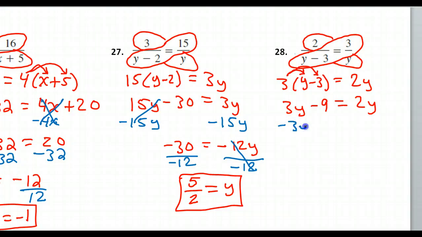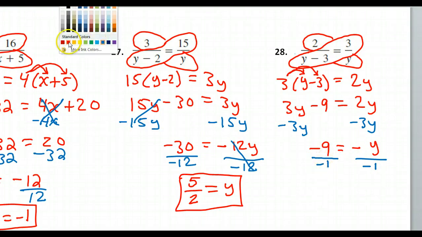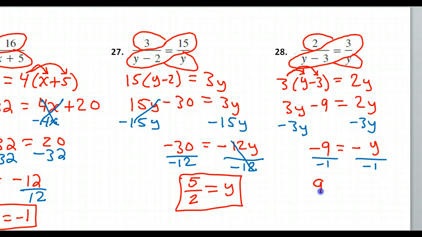Now I shall subtract 3y from both sides. And that's going to give me -9 is equal to -y. To get rid of the negative sign, I will divide both sides by -1. So that's going to give me +9. That is the answer to number 28.